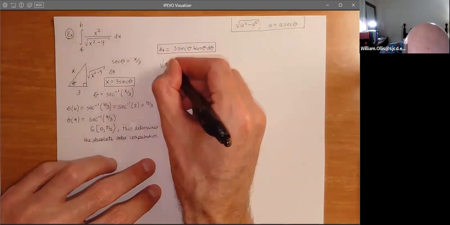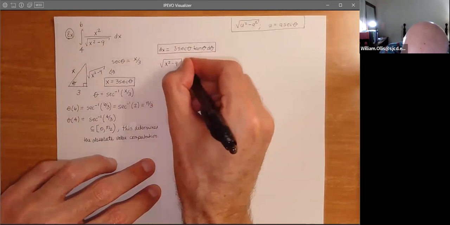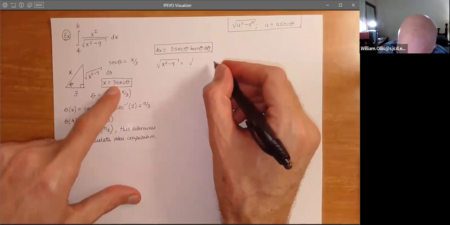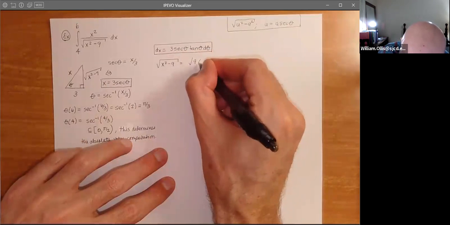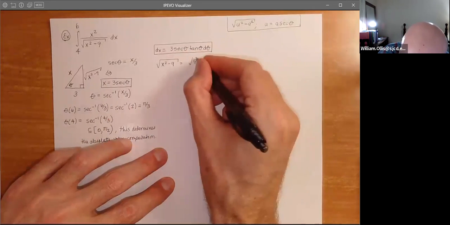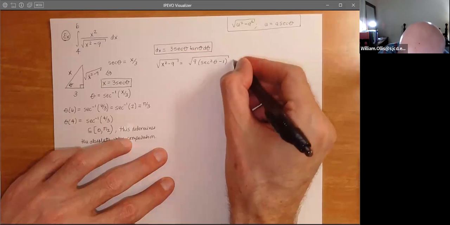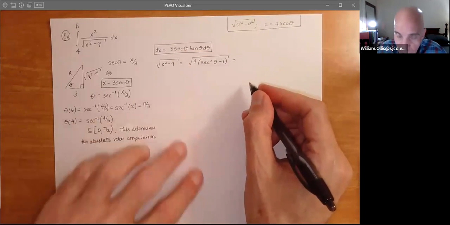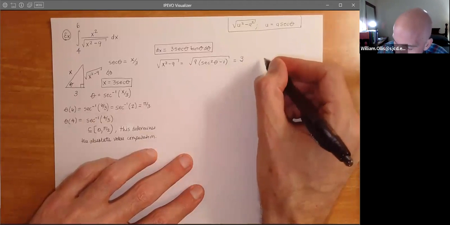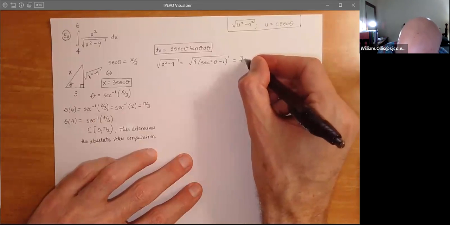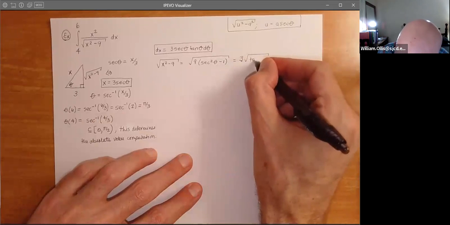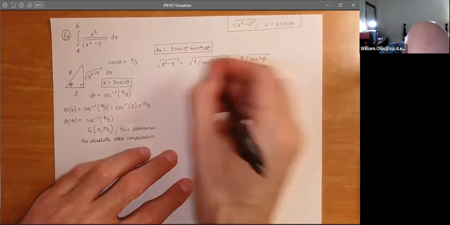So we have x squared minus 9. This is going to be what? We're going to have a 9 that we can factor, and we'll have secant squared theta minus 1, our old friend, the Pythagorean identity. So of course we get the square root of 9, which is 3, times the square root of this, which just gives us tangent squared from the Pythagorean identity.